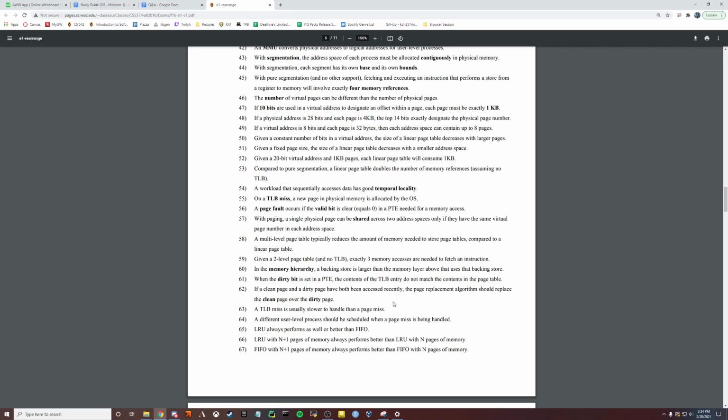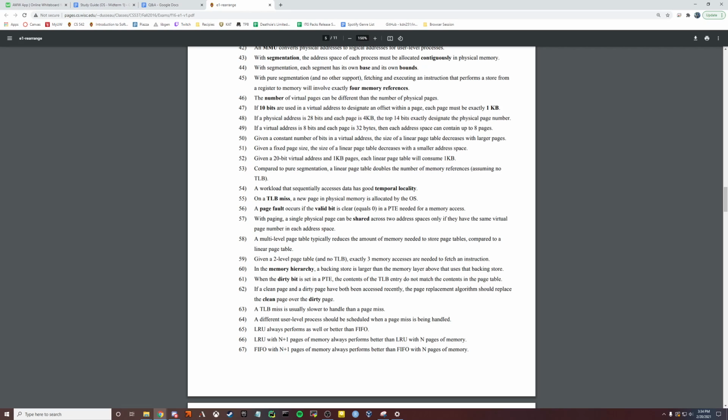62, if a clean page and a dirty page have both been accessed recently, the page replacement algorithm should replace the clean page over the dirty page. I feel like... Is the wording saying that it writes the clean page over the dirty page, or that it should get rid of the clean page and not the dirty page?